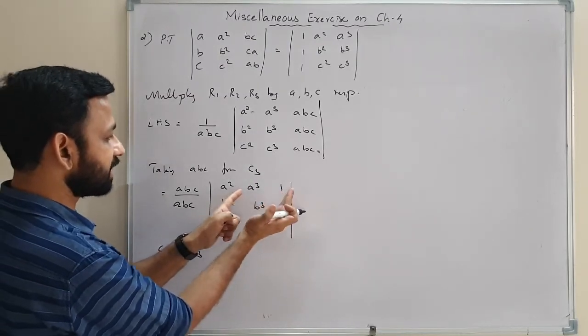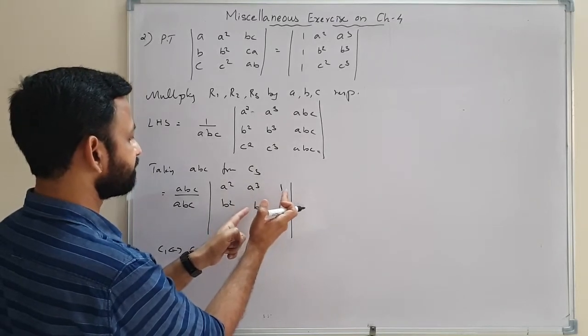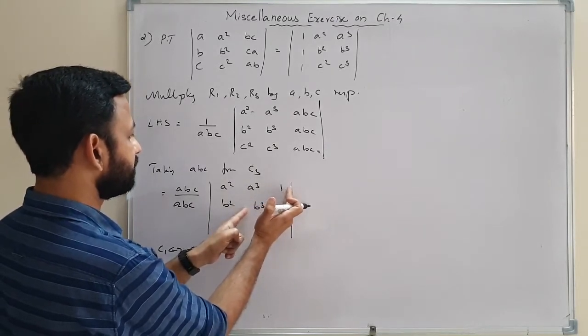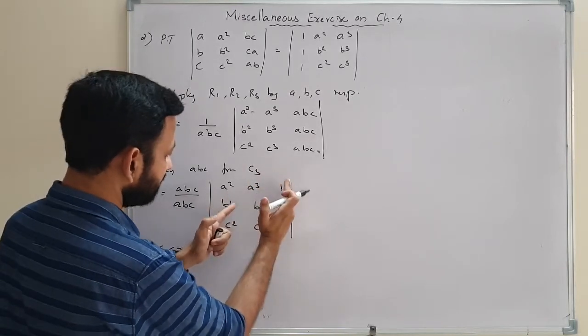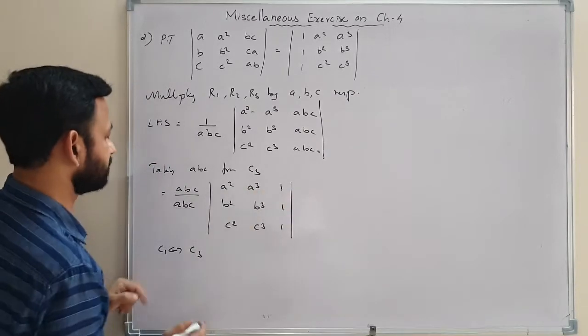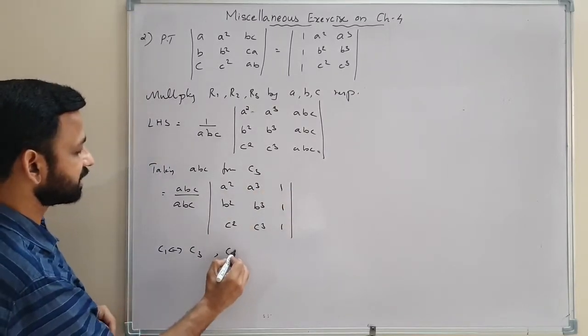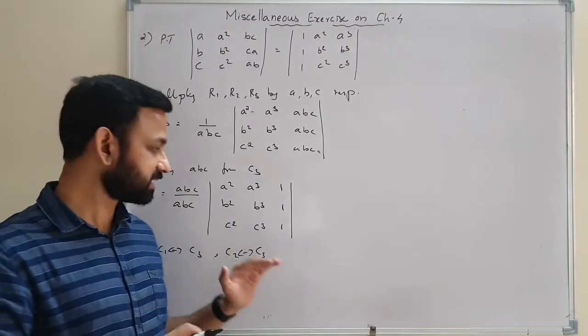Then after that we interchange C2 and C3. So C3 will come here and C2, which we already interchanged, A square, B square, C square, will come here. So C1 and C3, then C2 and C3. We are doing those two operations simultaneously here.